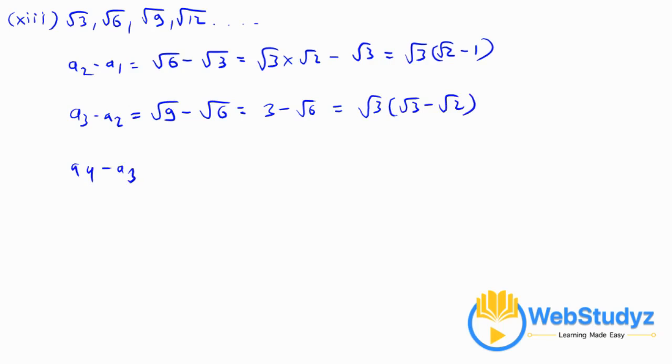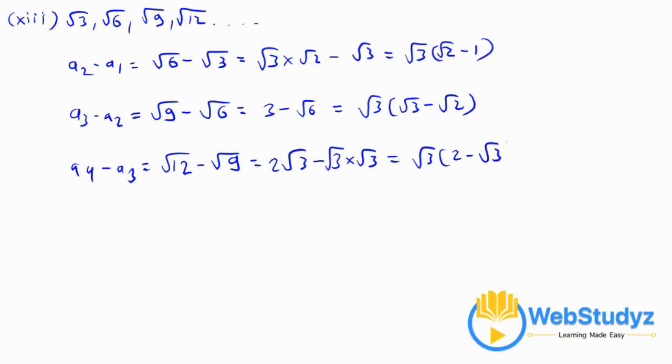And a4 minus a3 will be √12 minus √9, which is equal to 2√3 minus 3, minus √3 into √3. We can take √3 common. So inside we get 2 minus √3.